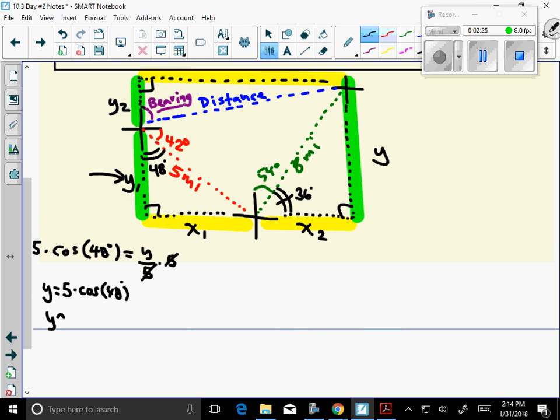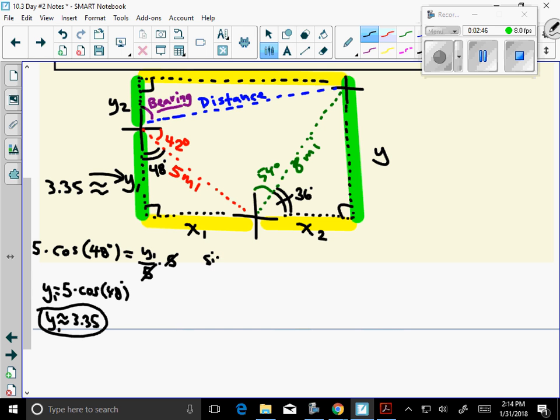So y is approximately 3.35. Let me put that up here. No, y1 that is. y1 that is. Approximately 3.35.